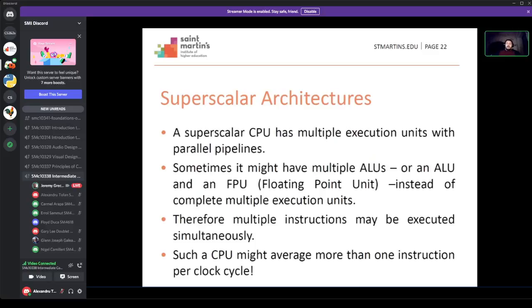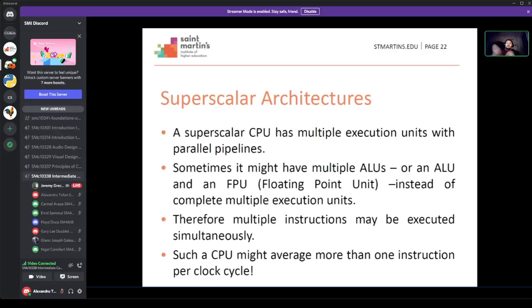Now, obviously, nowadays we are working more and more with CPUs which have what are known as superscalar architectures, i.e., a CPU with multiple execution units and therefore multiple pipelines.